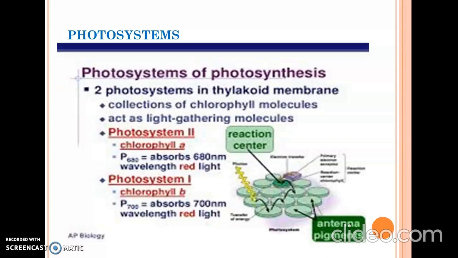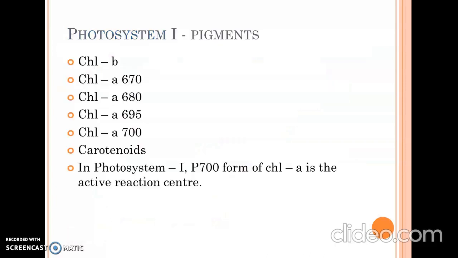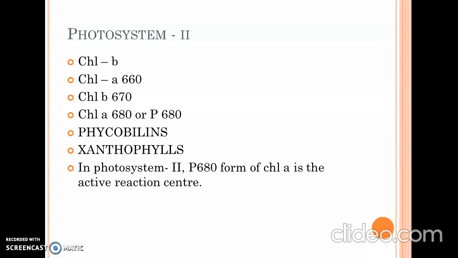And in photosystem 2, the reaction center is chlorophyll A, which absorbs light energy of 680 nanometer. So these are the pigments which take part in photosystem 1: chlorophyll B, chlorophyll A 670, chlorophyll A 680, then carotenoids, etc. In photosystem 2 also a number of pigments take part.